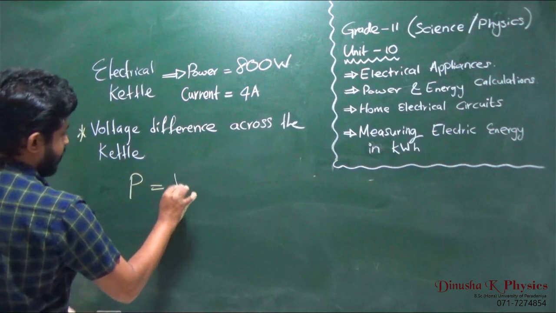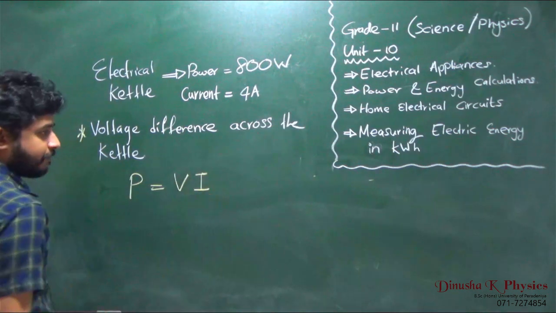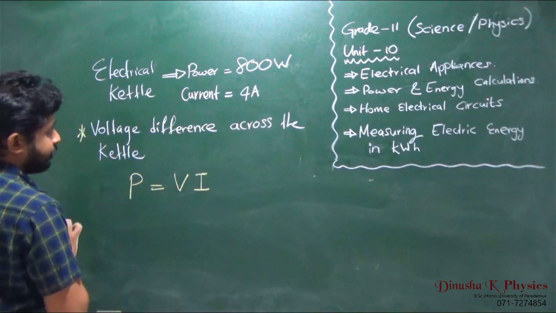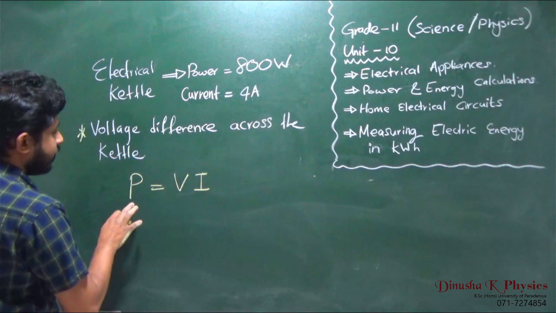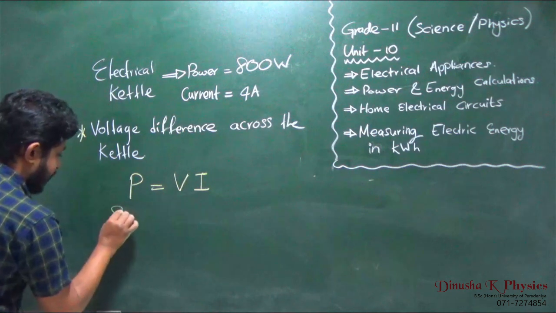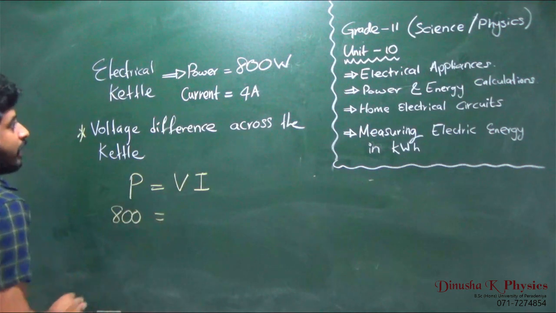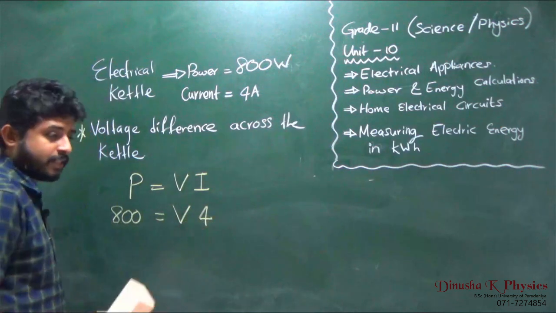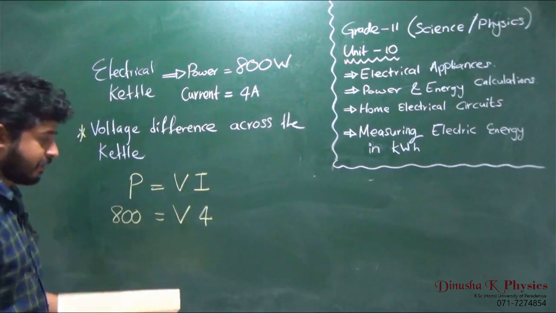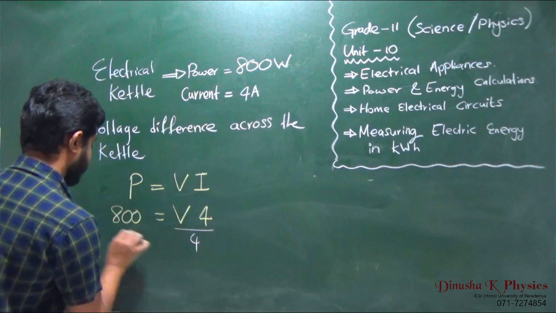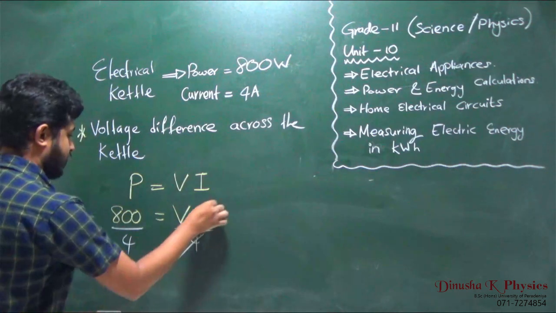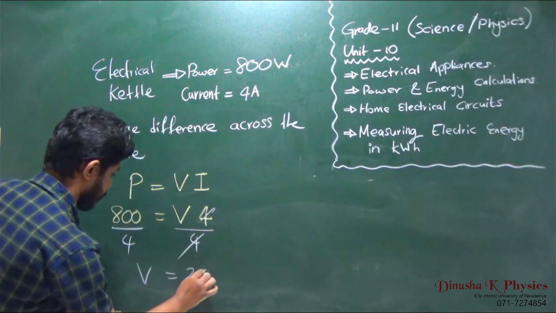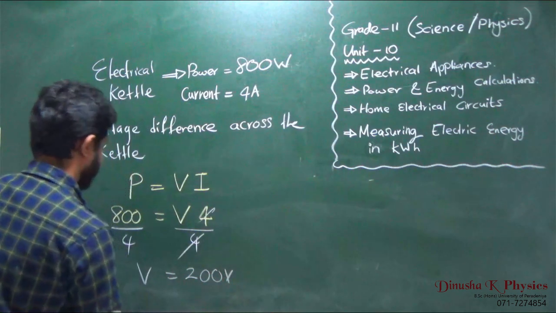Power is equal to VI. Power is given as 800 watts, the voltage difference we don't know, and the current is 4 amperes. So let's divide both sides by 4. Then we'll have 200 volts.